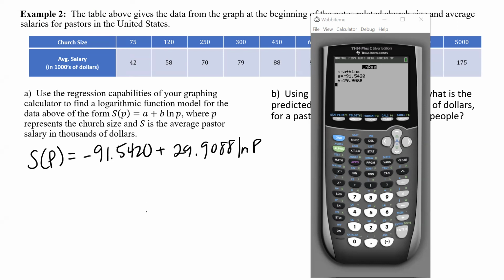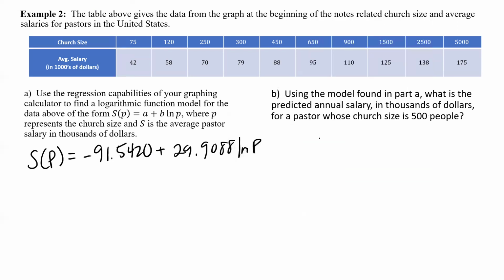Once I have an equation, I can do anything that it asks me with. So it says, using the model found in part A, what is the predicted salary in thousands of dollars for a pastor whose church size is 500 people? So we're plugging in for our population. So we now have a value for P. So population is 500.